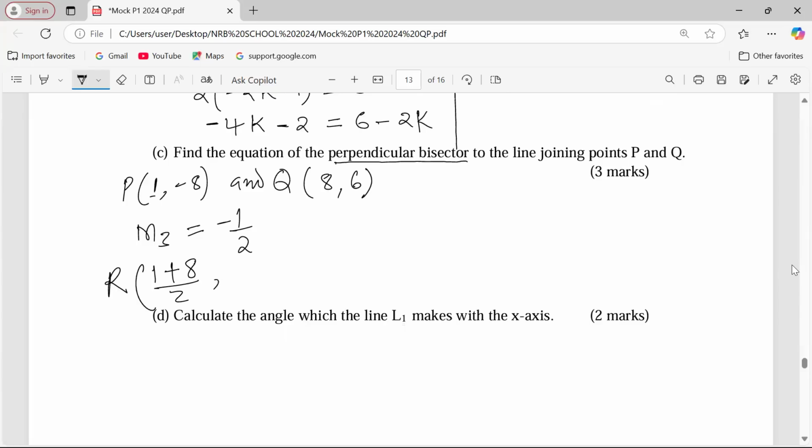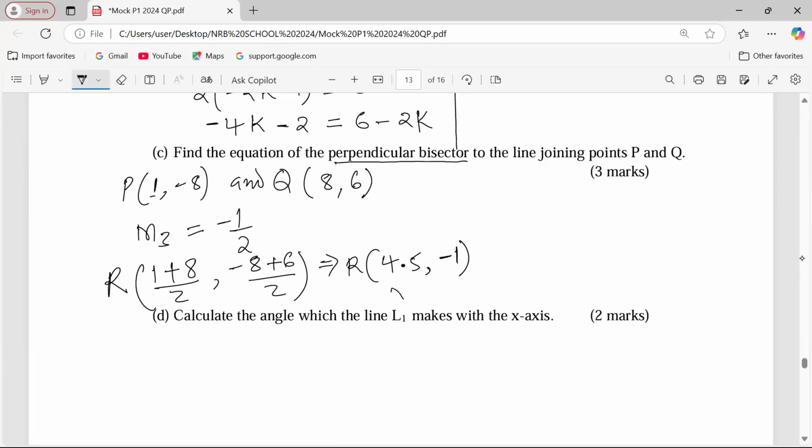On the other hand, we take the first y plus the second y and divide by 2. So the coordinates of R, the midpoint of PQ, shall be 9 over 2, which is 4.5, then negative 8 plus 6, that's negative 2 over 2, negative 1.